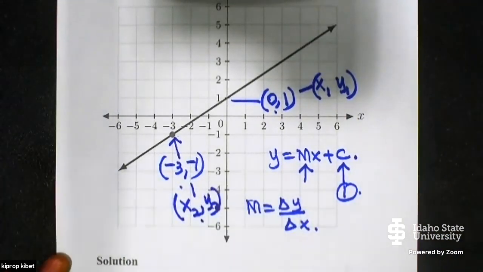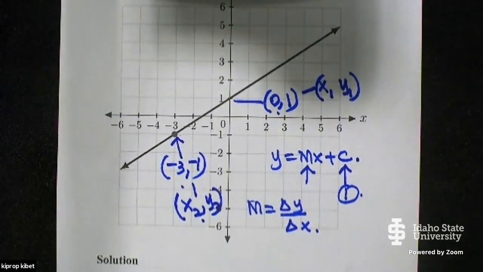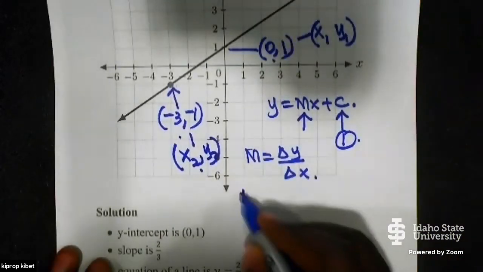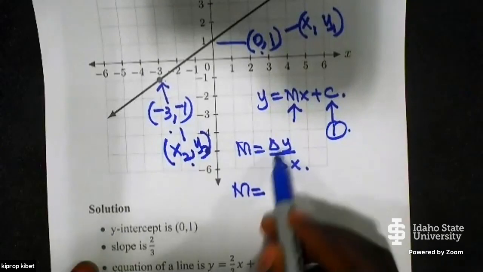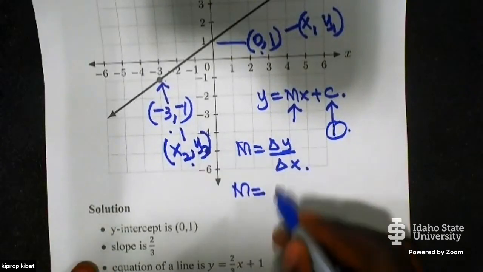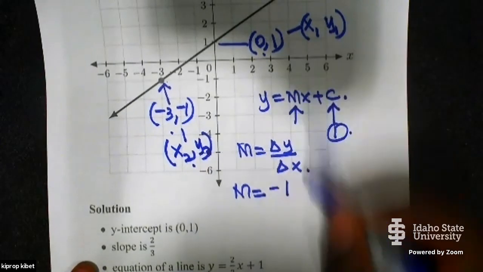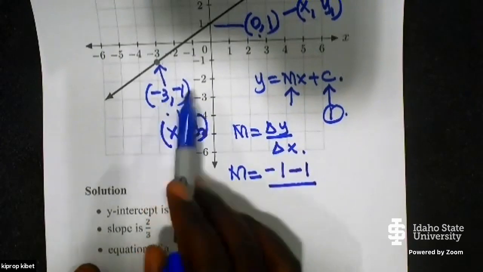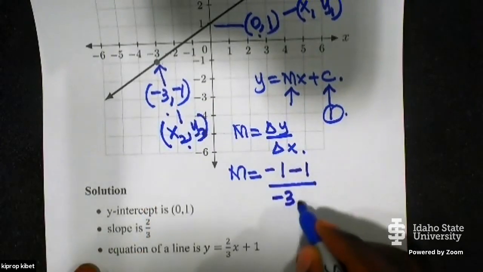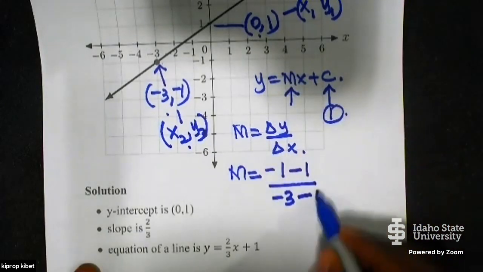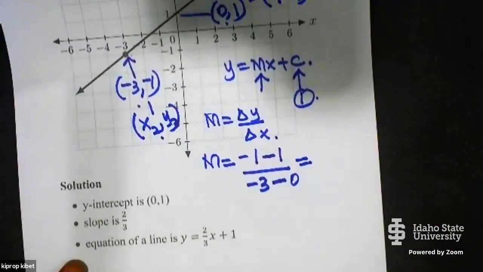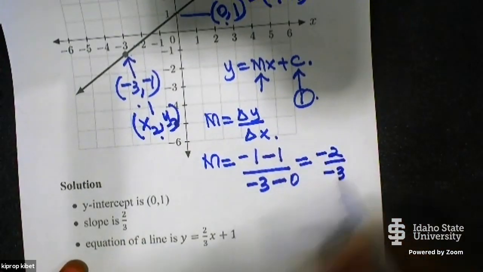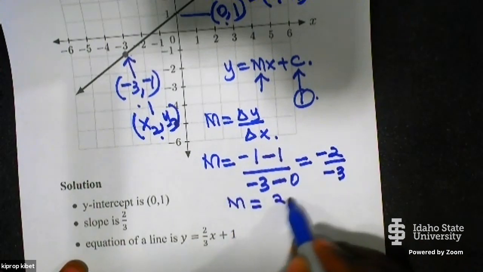So y2 is minus 1, y1 is 1, all over x2, which is minus 3, minus x1, which is 0. And this will give us minus 2 over minus 3. So m equals 2 over 3.